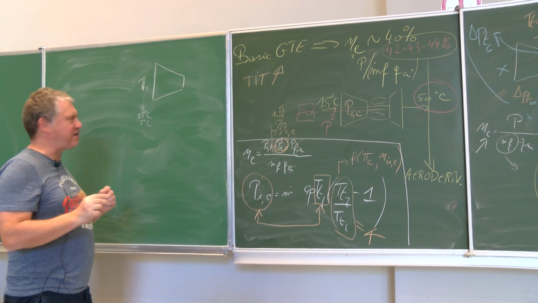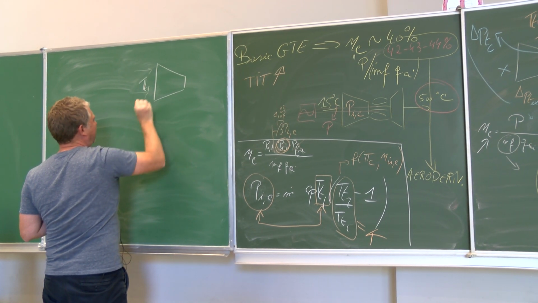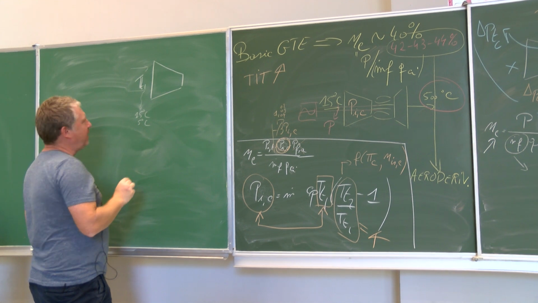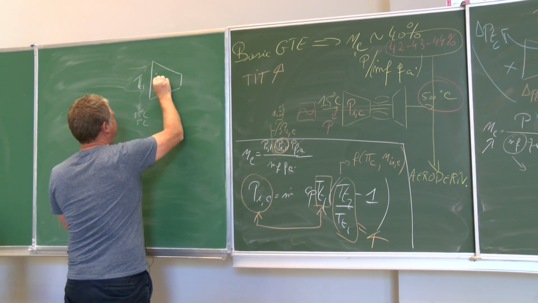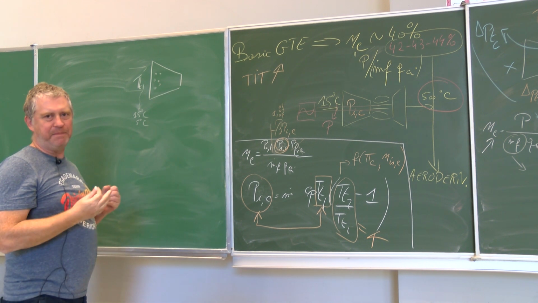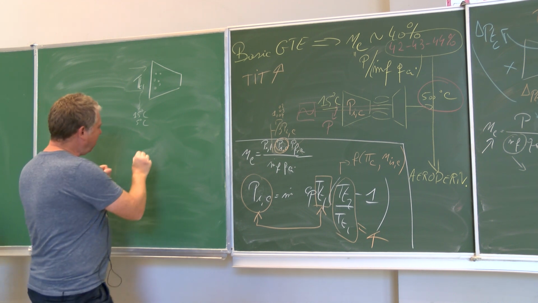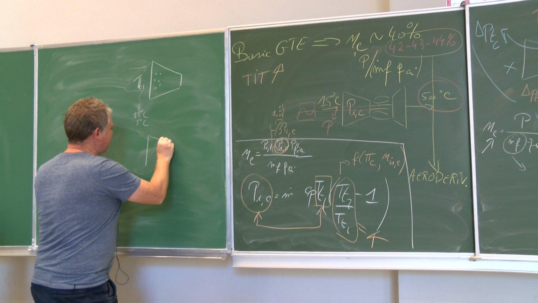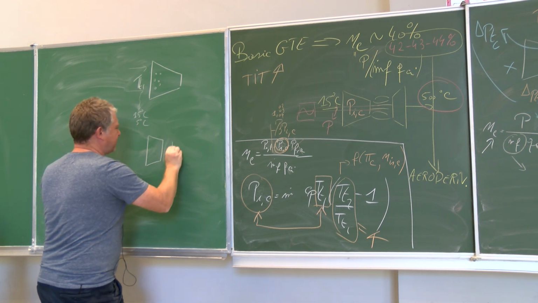You can decrease the TT1 by injecting, for example, water, a bit of water here, under the form of droplets, and these droplets will evaporate in the compressor, and by evaporating, this is reducing the temperature. Or what can you do? You can split up the compressor into two parts.